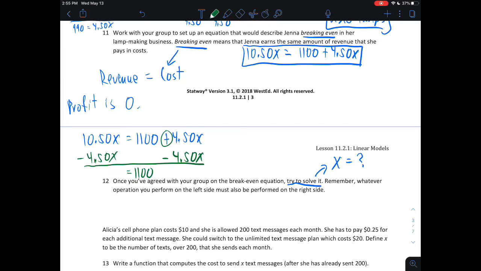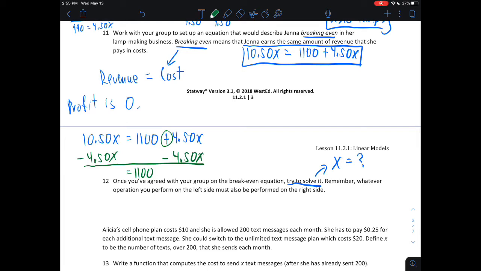And now what do I get on the left-hand side? Well, I could subtract the numbers, 10.50 minus 4.50, but they would then still be attached to an x. And this is just the idea of if you have 5 apples and you subtract 3 apples, you now have 2 apples. It's a number of things.